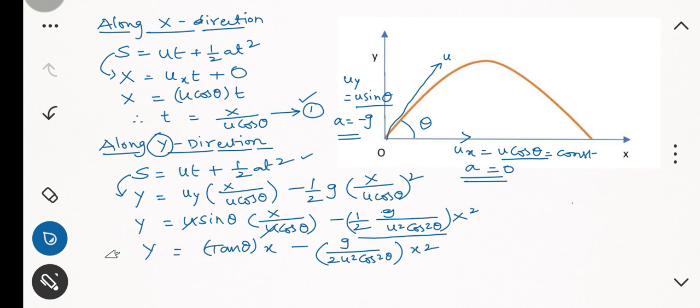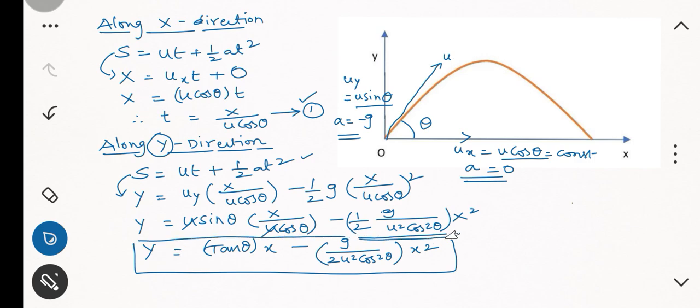The above expression, y is equal to tan theta into x minus g by 2u square cos square theta into x square, is similar to y is equal to ax plus bx square. Here a is equal to tan theta and b is equal to minus g divided by 2u square cos square theta.